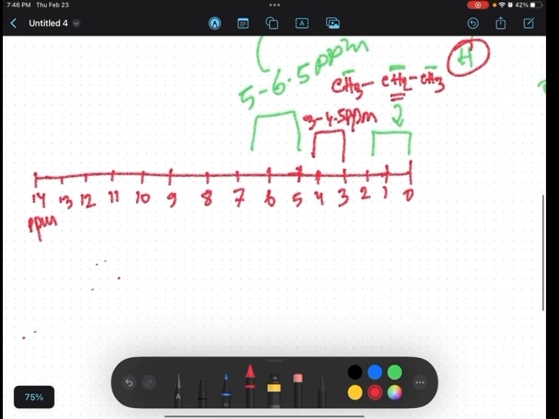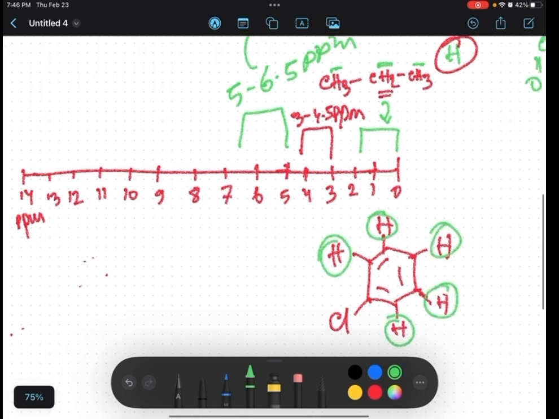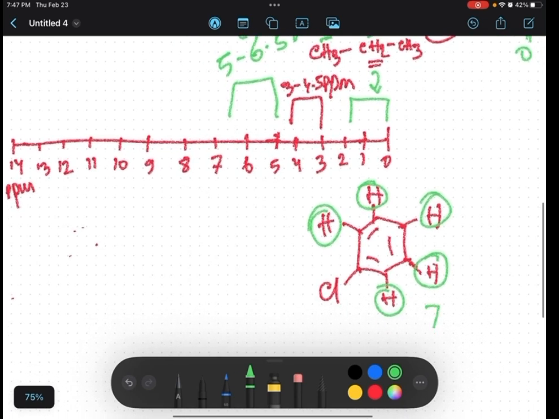Any aromatic ring like a benzene ring, if you have any aromatic proton, whether substituted or non-substituted, all those protons will show up normally at 7 to 8.5 ppm. Remember that aromatic peak.